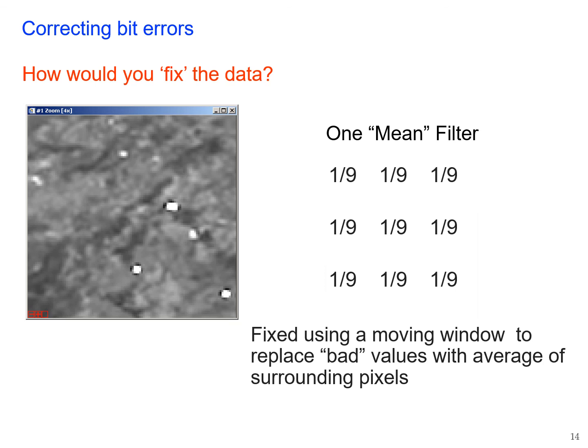Well, we'll talk about spatial filtering, and this is one application of it. You can go over the entire image and average all the values within a small area, like a 3x3 window, and fix the bit errors by replacing bad values with the average of the surrounding pixels.